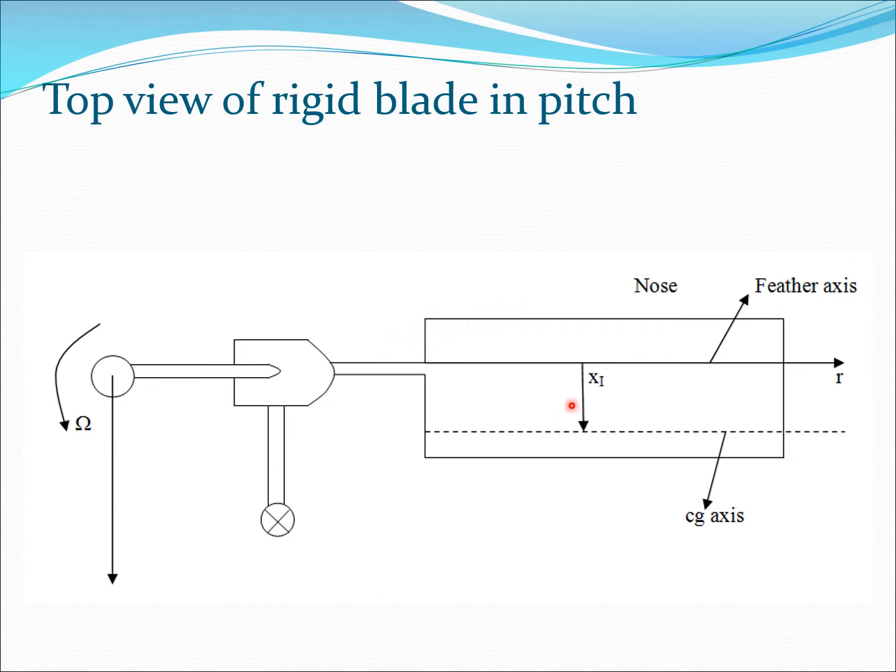There is also a CG axis, shown here with the dotted line, and the distance between the feathering axis and the CG axis is given by x subscript I. Now this distance here is somewhat larger than usual, but I'm just showing it to point out that there is typically a distance between the feather axis and CG axis which may happen.